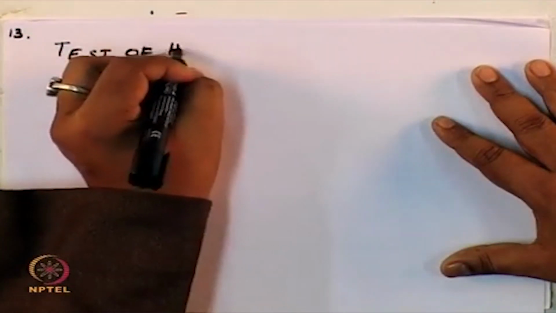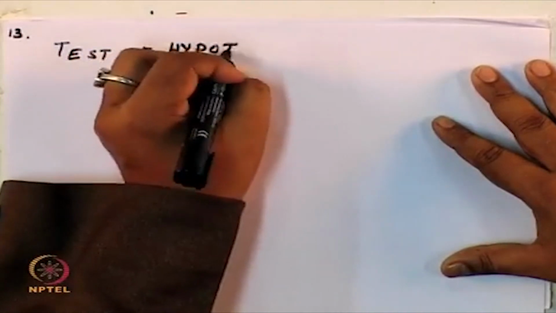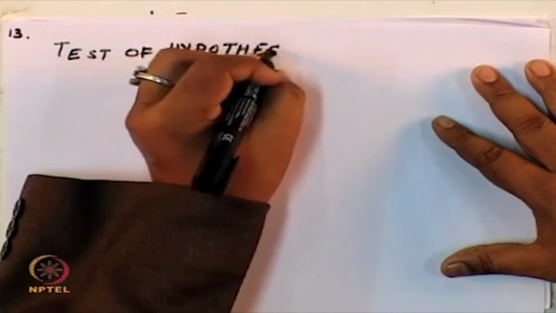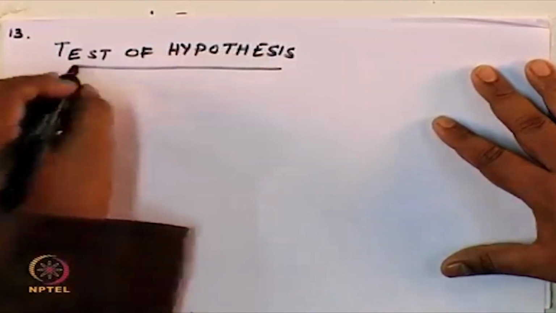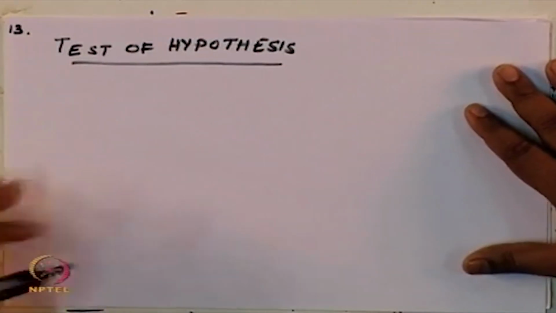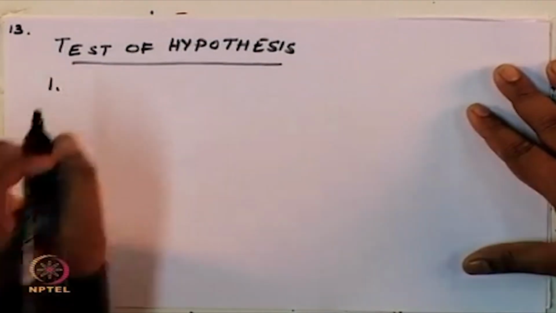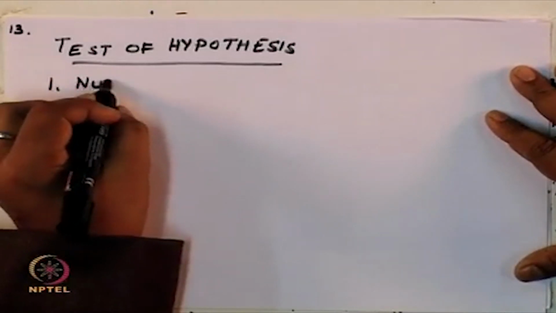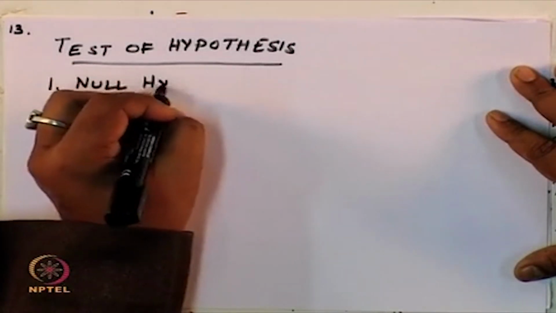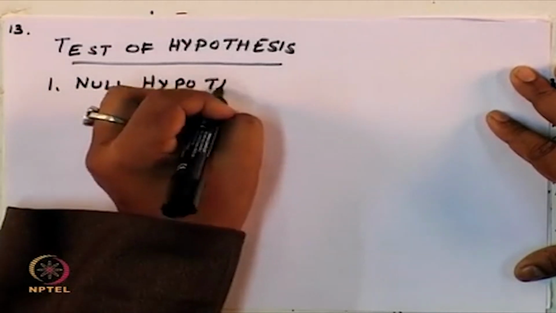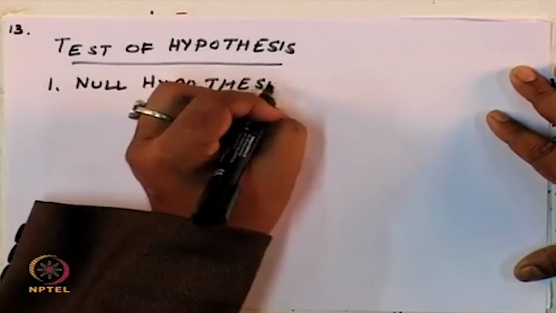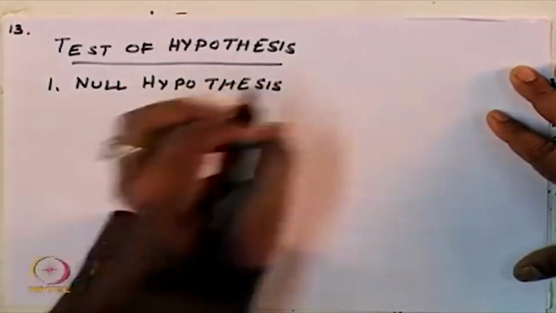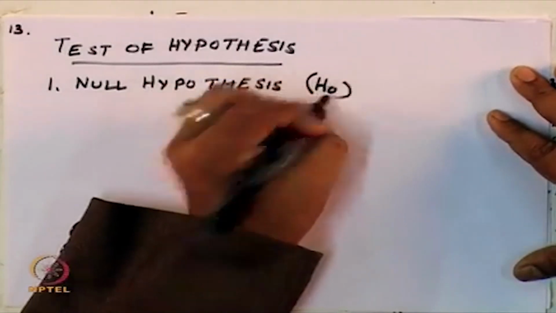A test of hypothesis has 5 components. One is called the null hypothesis, which is typically represented by H naught.